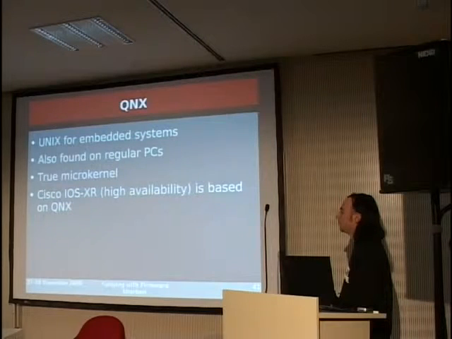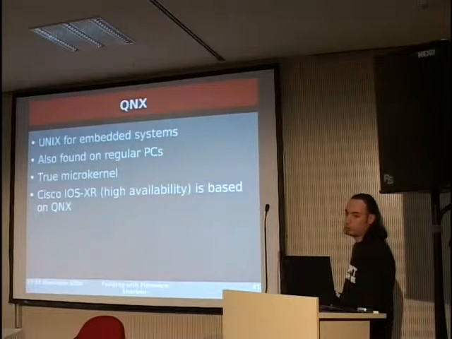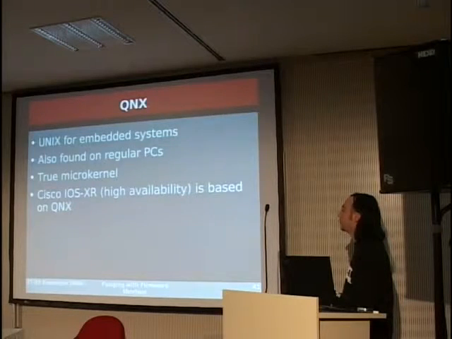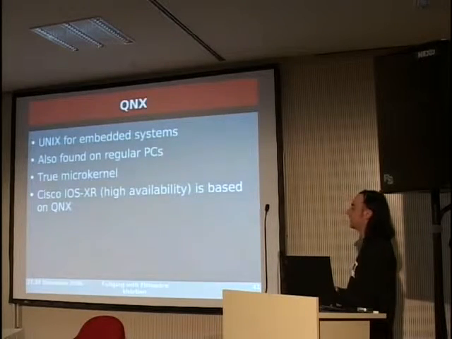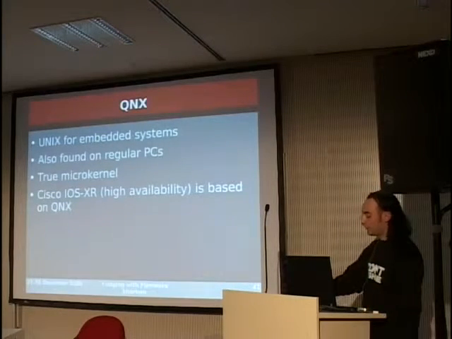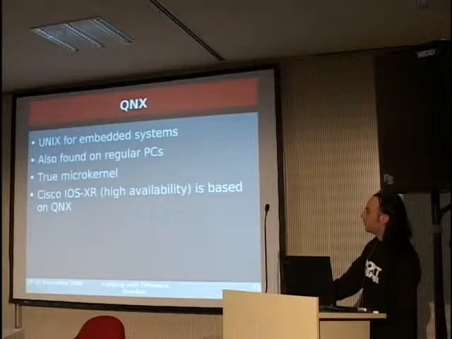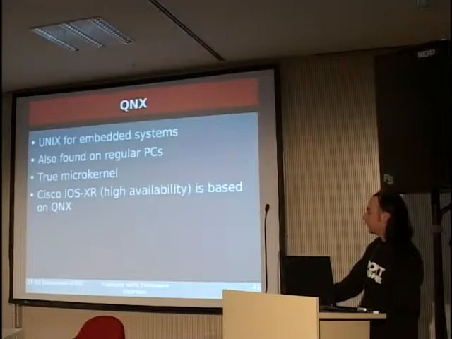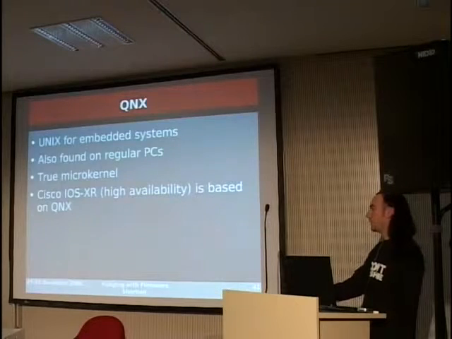It's a Unix system which has a true microkernel design, which can be very interesting for the OS developers among you. You can also run it on your PC. You can download images and see what it looks like. And it's getting even more interesting now that Cisco is using it for their new operating system on their newest high availability routers. It's actually running QNX even if it's called iOS.